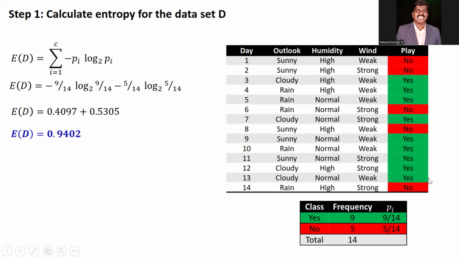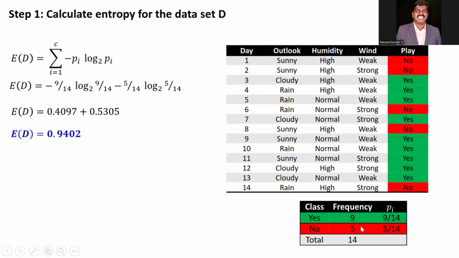Got it? So for the entropy of the complete data set, we count how many days we are playing, that is yes, and how many days not playing, which is considered as no. So out of 14 days, nine are yes.